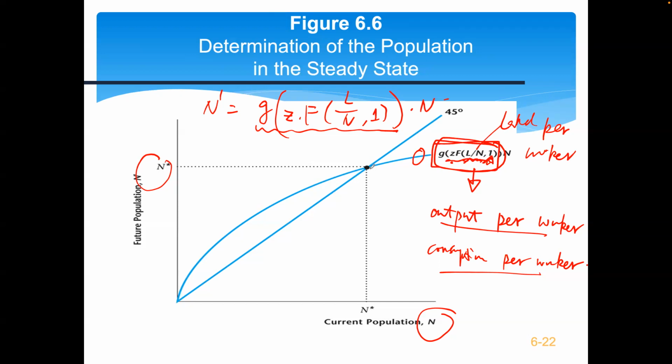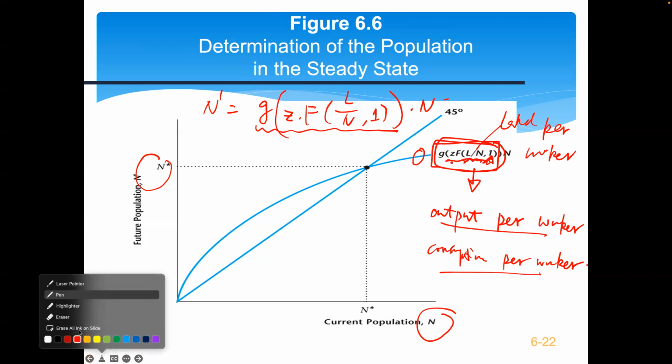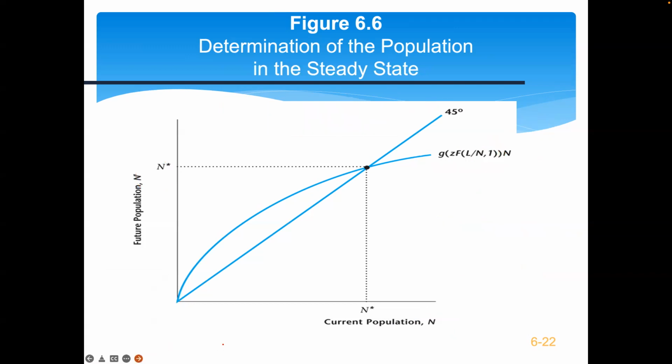Now the interesting part. Let me highlight here. Inside here, this is output, income, consumption per person, or per worker, same thing.